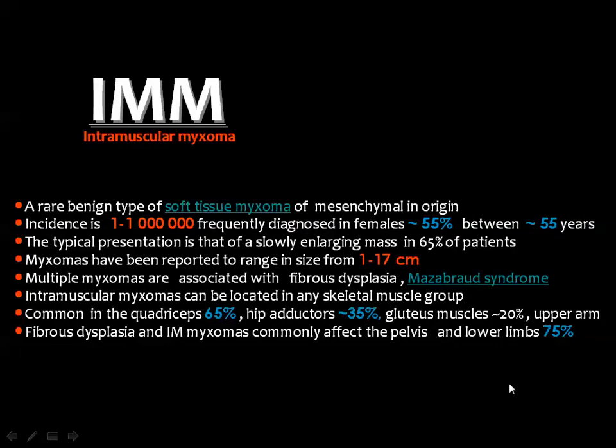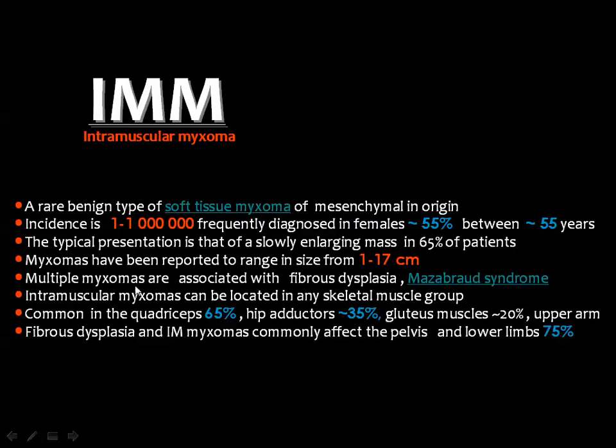The next is the intramuscular myxoma, which is a rare type of soft tissue myxoma. The incidence is 1 per million, and it is frequently diagnosed in females, in about 55% of cases, around 55 years of age. The presentation is a slowly enlarging mass, ranging between 1 centimeter and 17 centimeters.